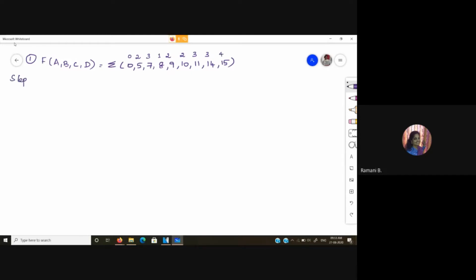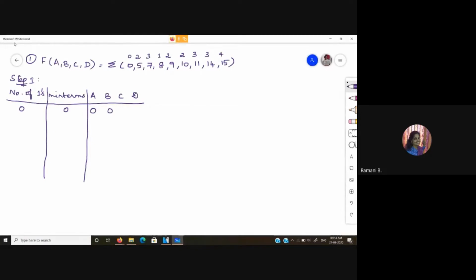So for step 1, the columns are the number of ones, then the minterms, and then the variables A, B, C and D. With 0 number of ones, the minterm is also 0 and the equivalent binary is 0, 0, 0, 0.